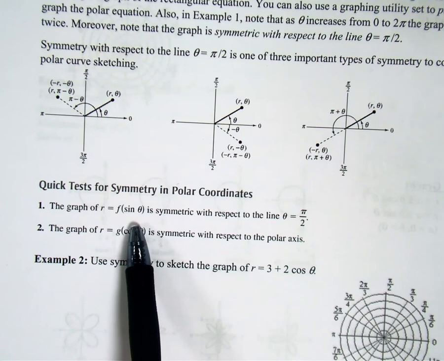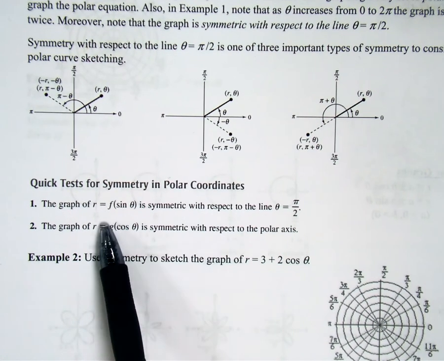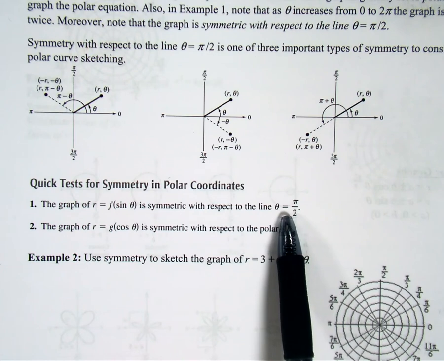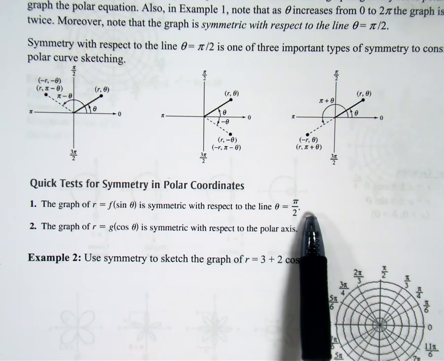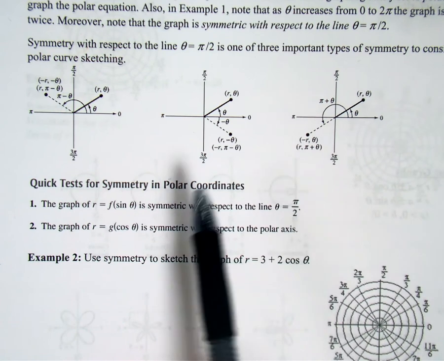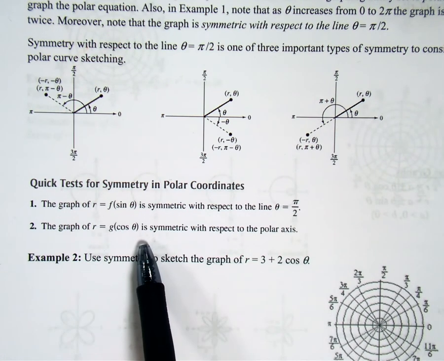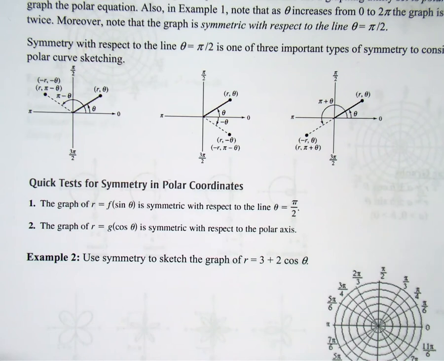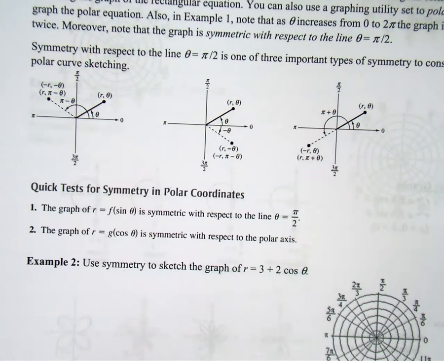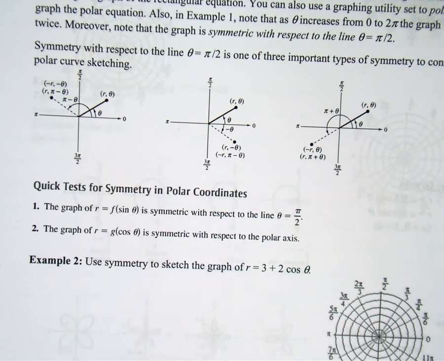If your graph involves a sine theta, it will be symmetric with the line theta equals pi over 2. So the line will be vertical and you'll be able to reflect it horizontally. If the graph is dealing with cosine theta, you will have symmetry with respect to the polar axis and be able to flip it upside down vertically.